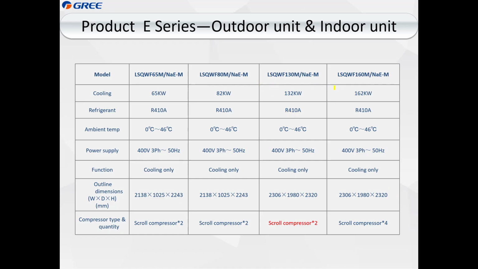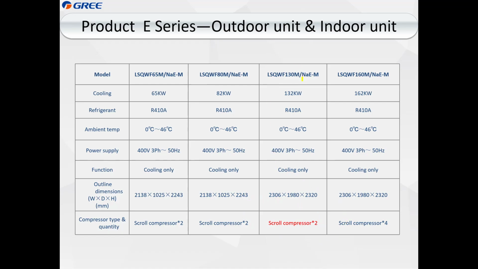And then this is for the E series. You see these parameters: capacity, and the scroll compressor. There is one difference.